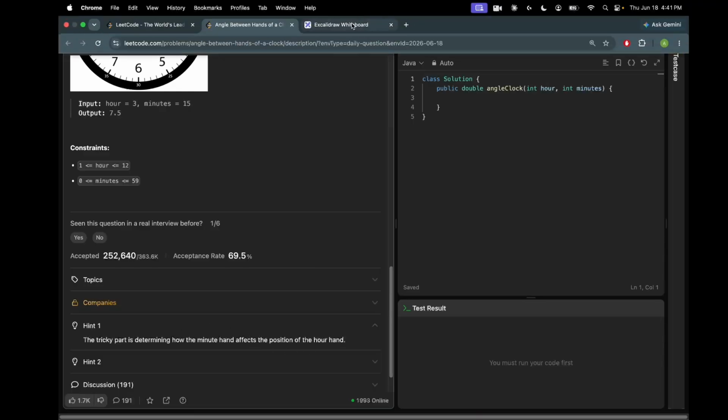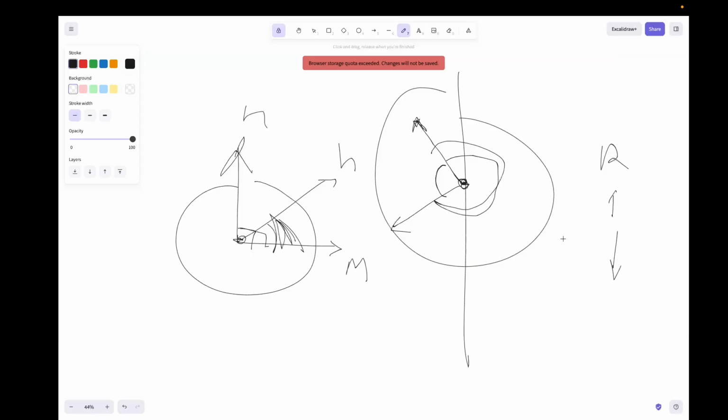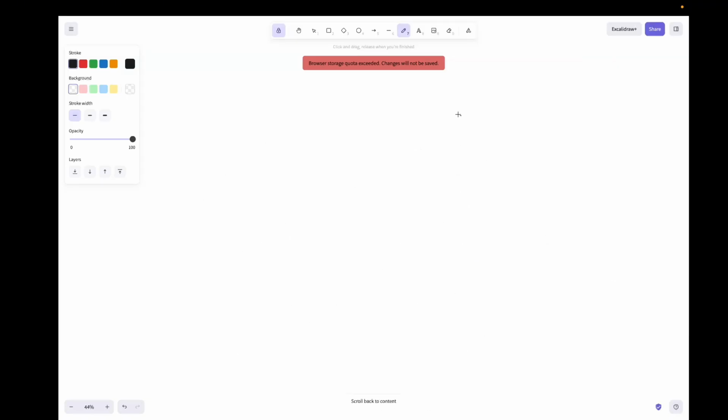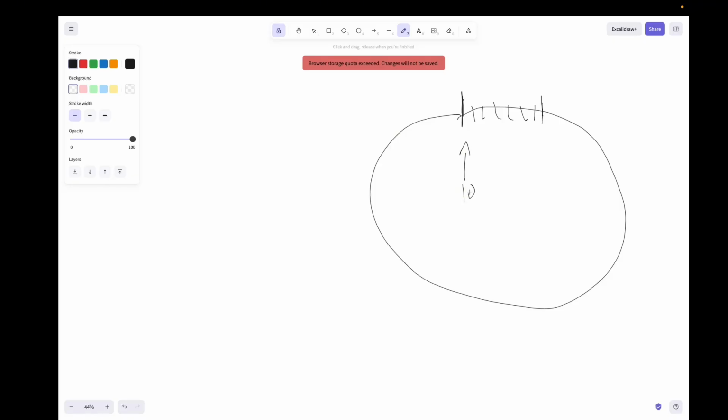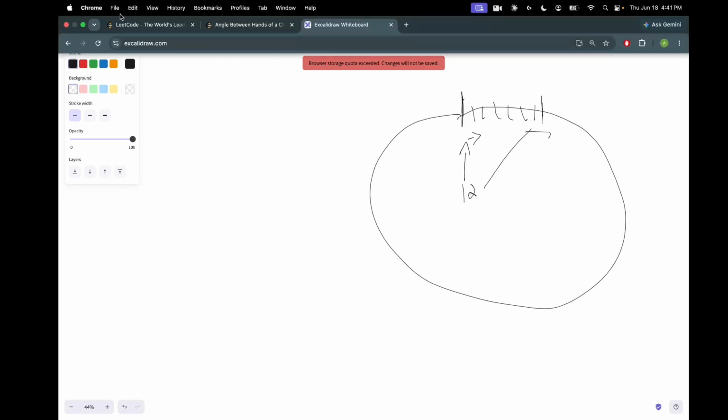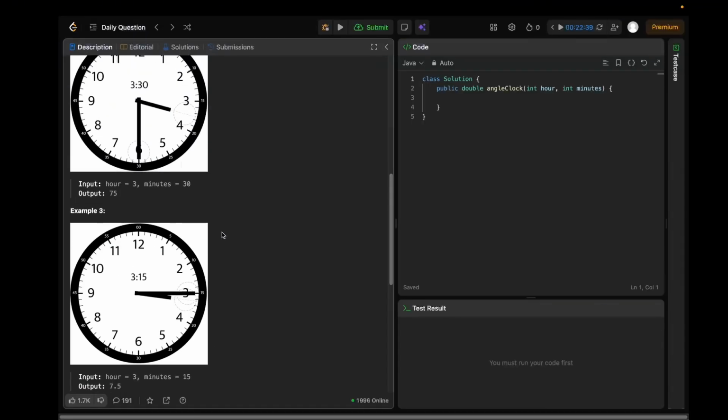Yes. Between 12 and 1 there are 5 points. If our hour hand is at 12, for every 5 minutes we move one position to the right.